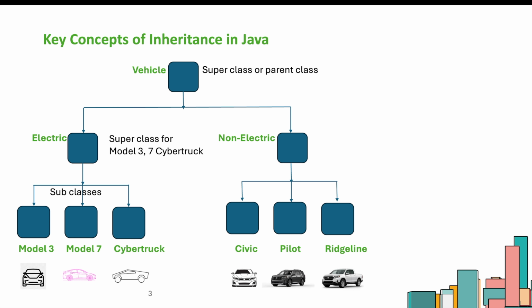So those classes are only subclasses. They may not be called superclass because no other class is inheriting these classes. Same thing for Civic, Pilot, and Ridgeline. Those are subclasses. We cannot call them superclass because no more classes extend them.